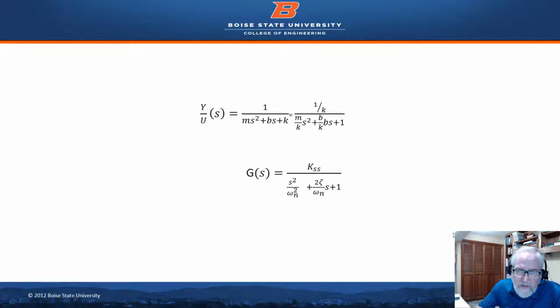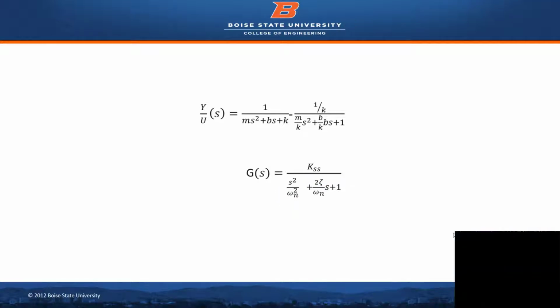So instead of actually having these physical parameters of mass, damping, and stiffness, we introduce 3 new parameters: the steady state gain, that's in the numerator there, omega sub n, the natural frequency, and the Greek letter zeta, which stands for the damping ratio. And so you can see that these forms are identical.